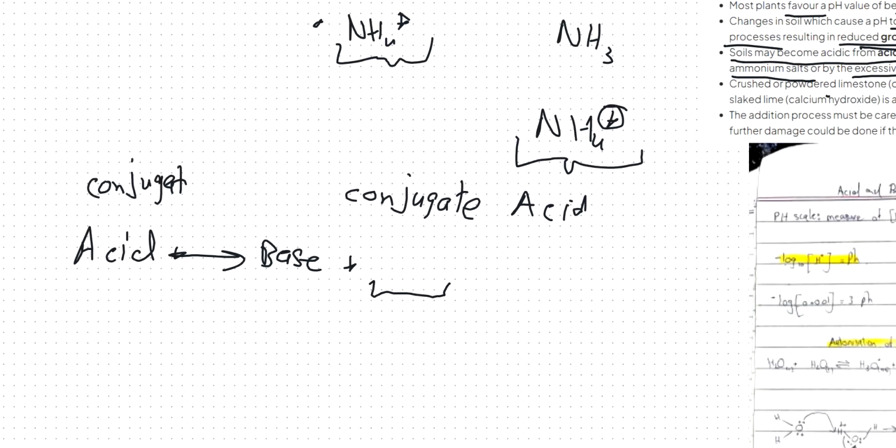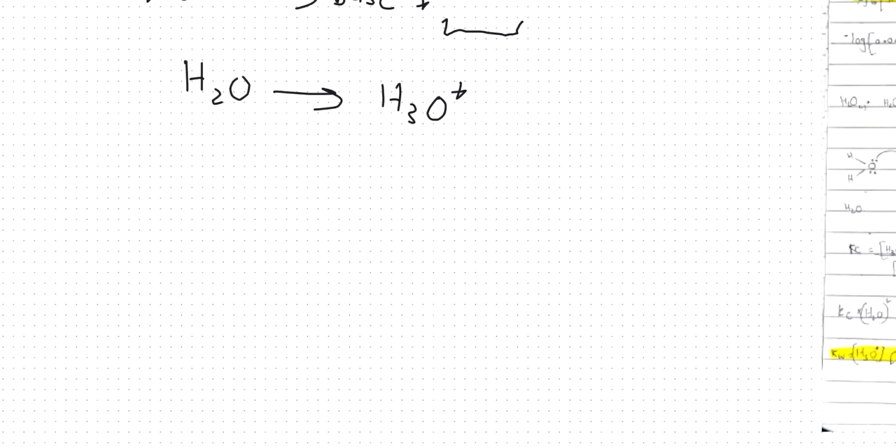And for example, water, when it becomes H3O plus, in this case the H3O plus right here is the conjugate acid.